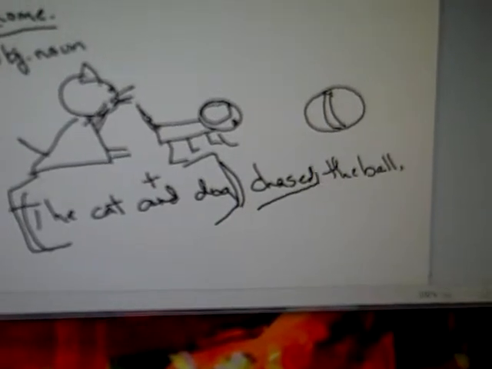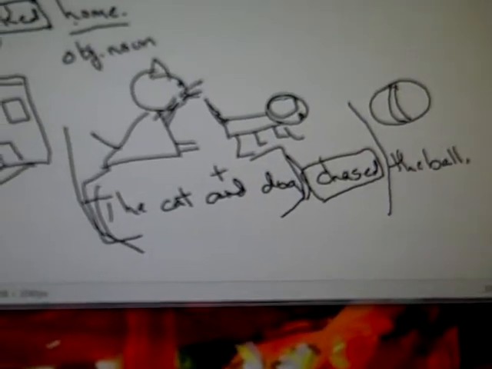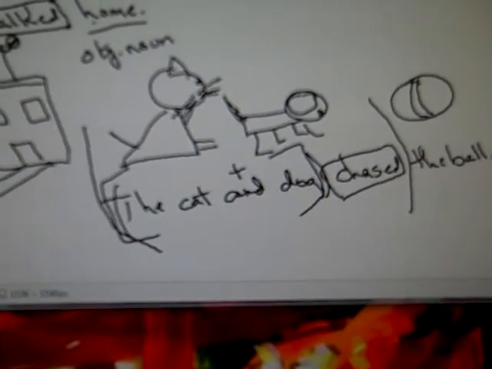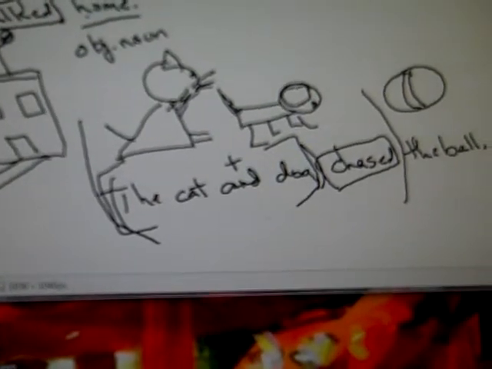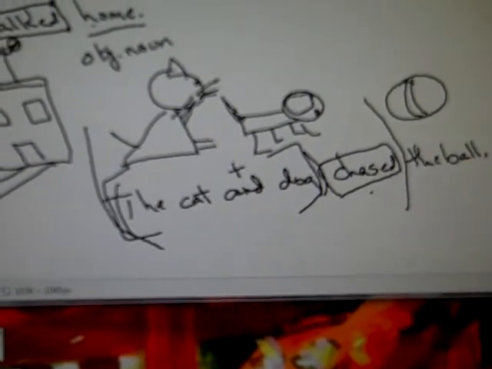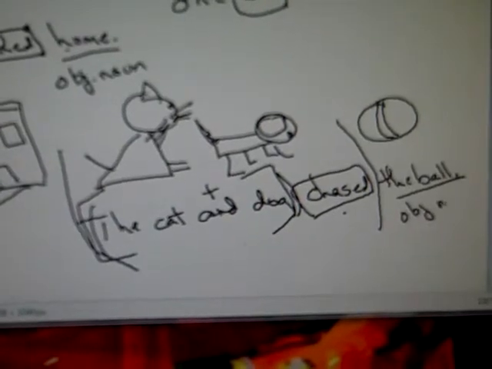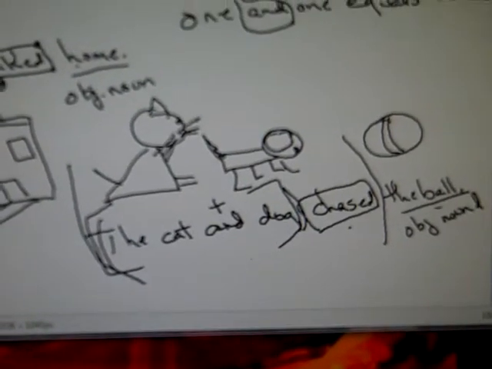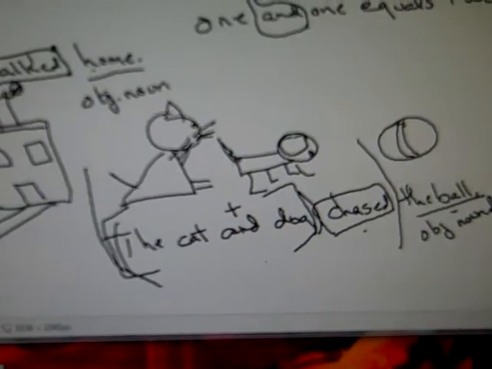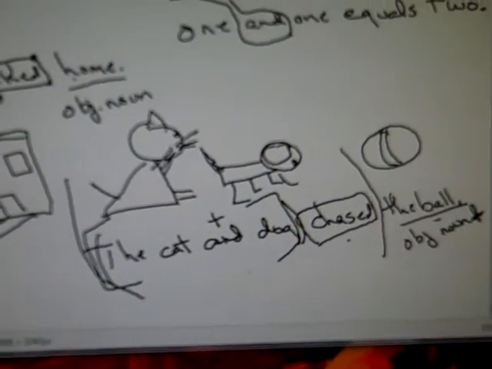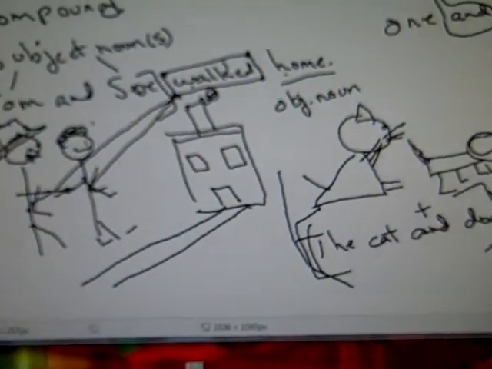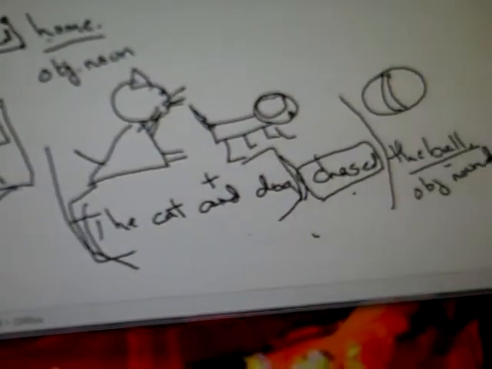And the verb, chased. And remember, the subject and verb sets are the most important sections of the sentences that you write. There has to be a subject noun, and there has to be a verb in every sentence, or it's a sentence fragment. And the ball is what? An object noun. Those are compound subjects.